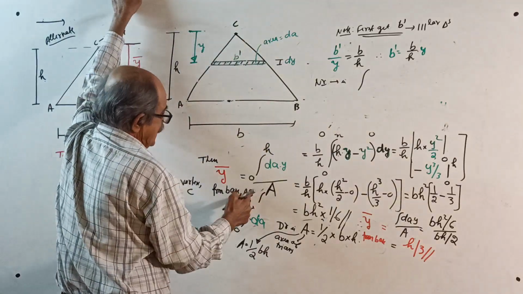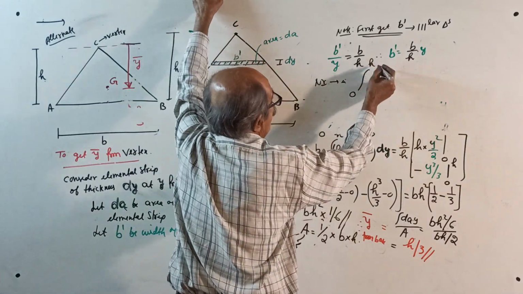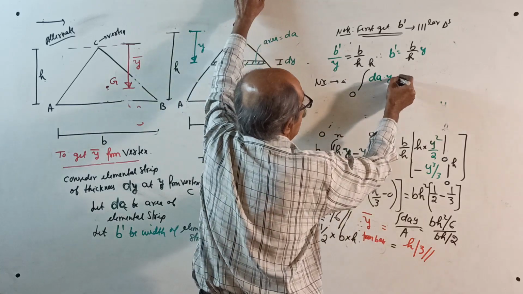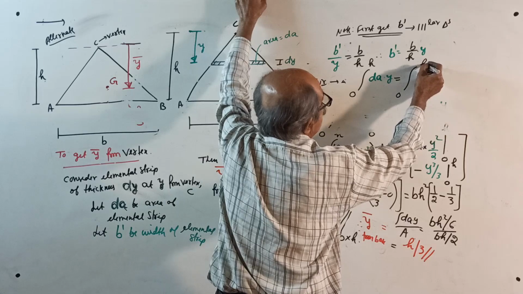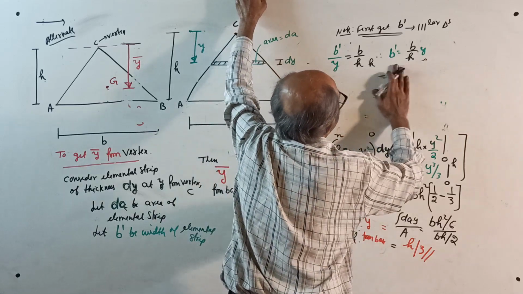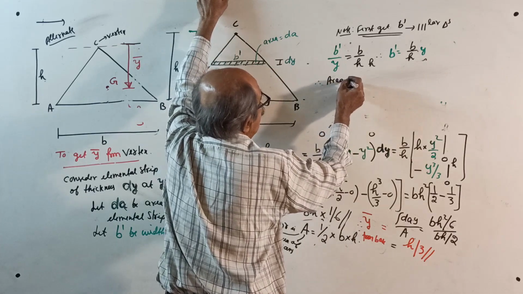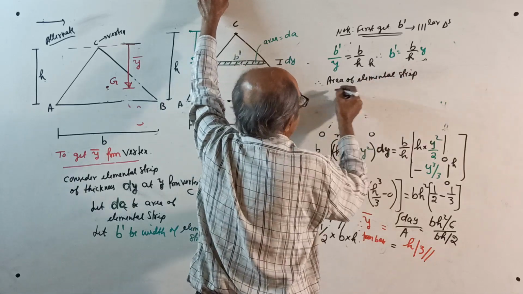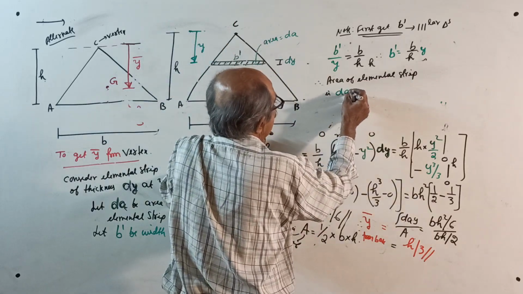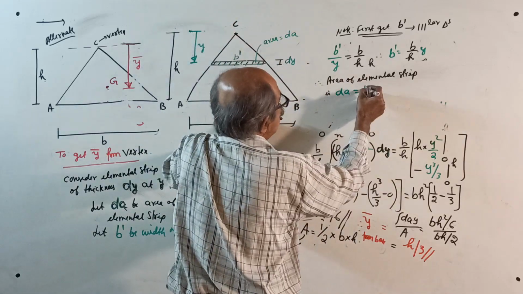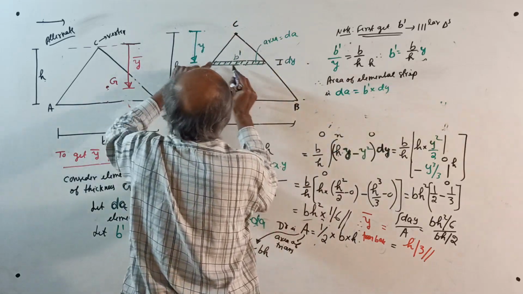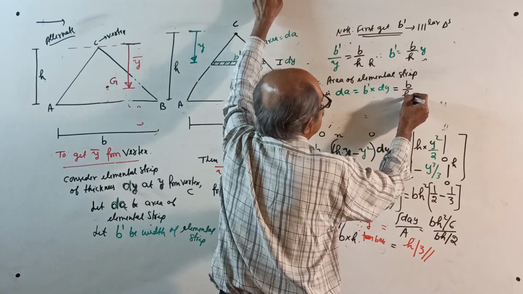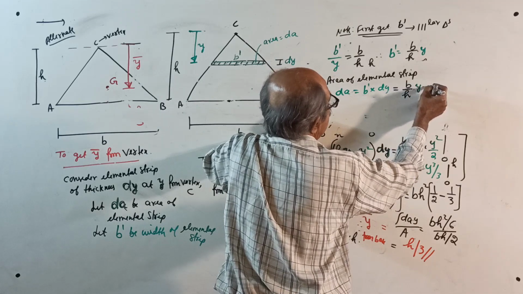I forgot the area of the elemental strip, that is called dA, equal to B dash into dy, which becomes B by h into y into dy.